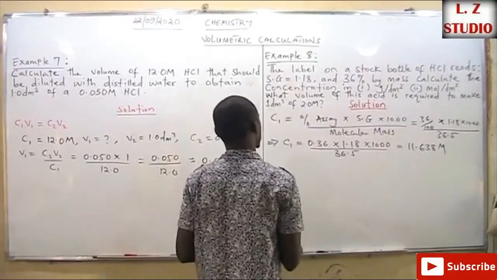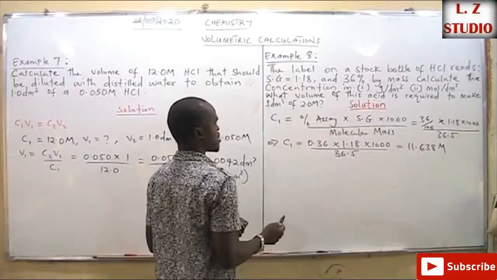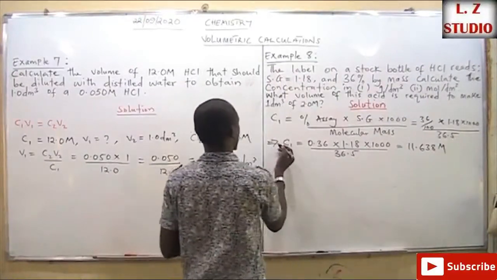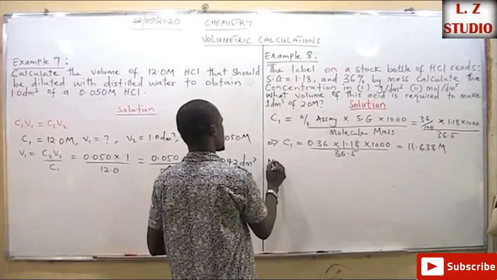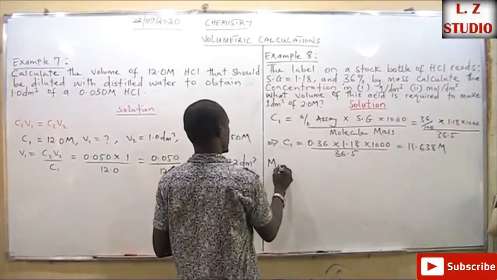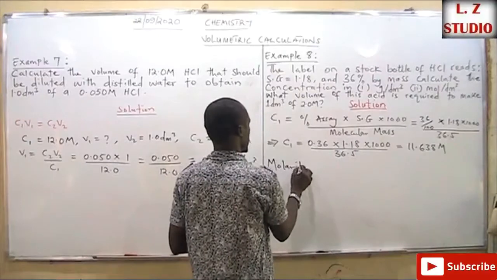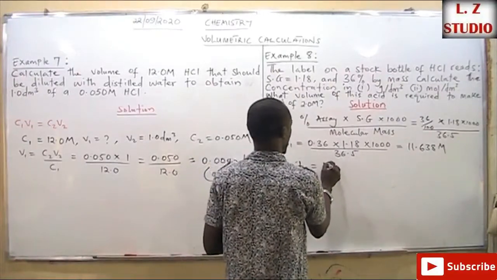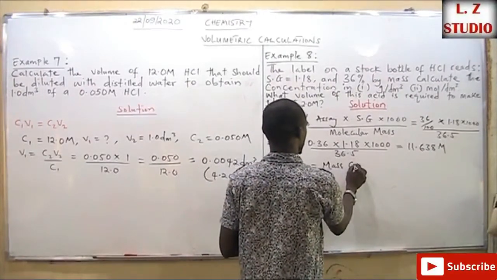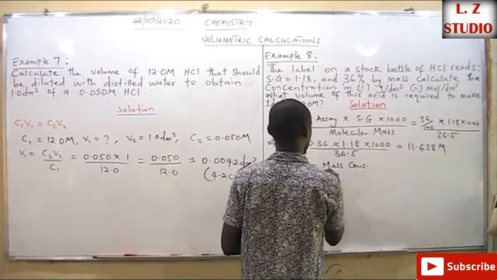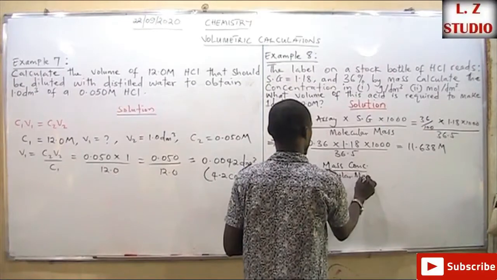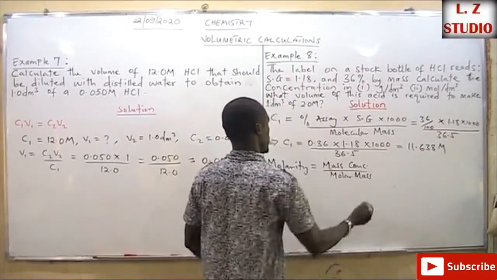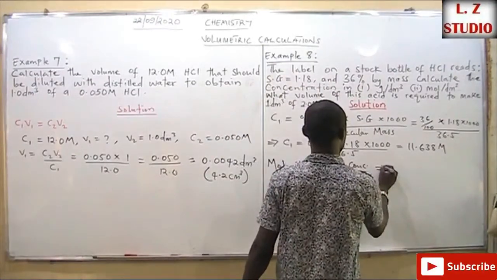So how do you calculate the concentration in grams per dm cube? Virtually, this is the solution for question 2; for question 1 we used the previous formula. Molarity is equal to mass concentration divided by molar mass. This is a popularly known formula.